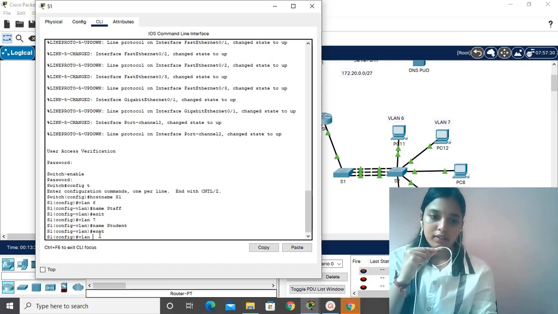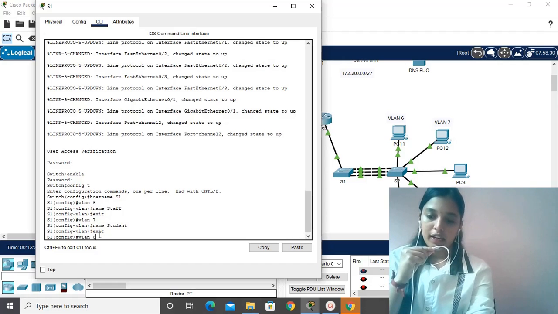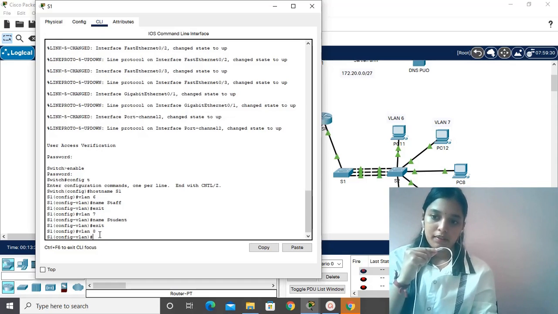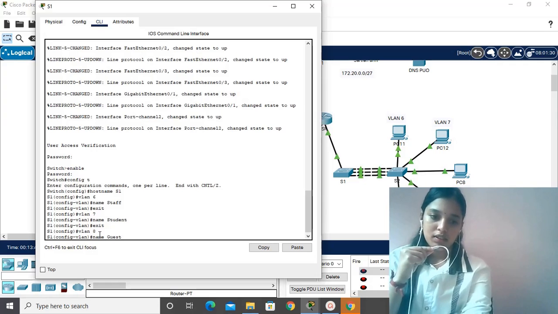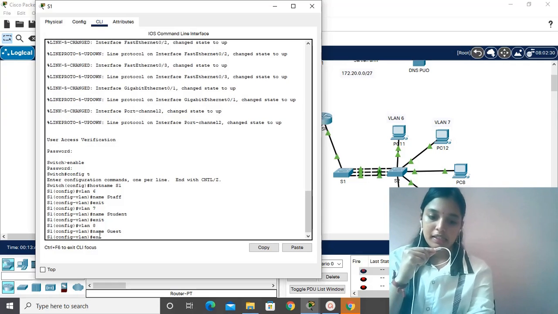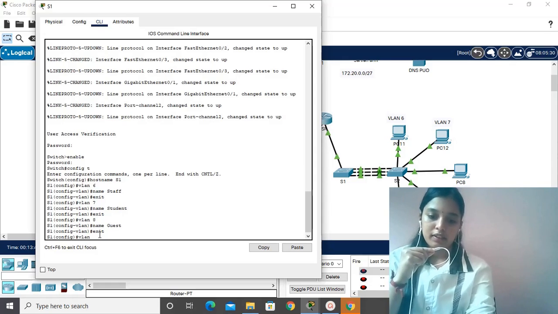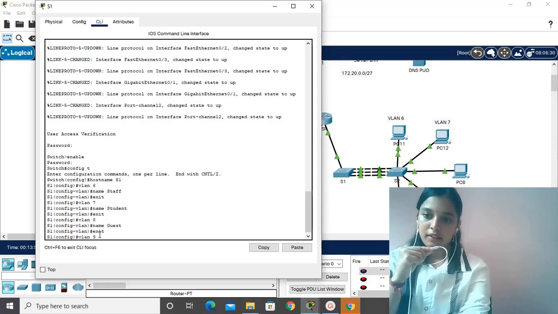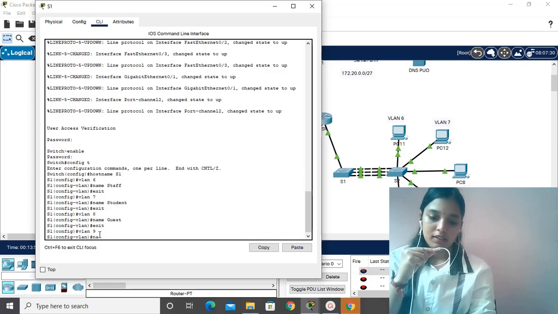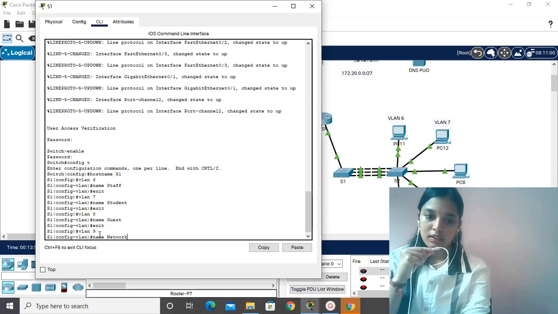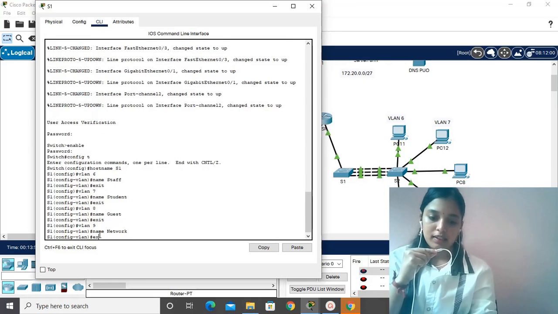VLAN 8, name Guest, exit. VLAN 9, name Network, exit.